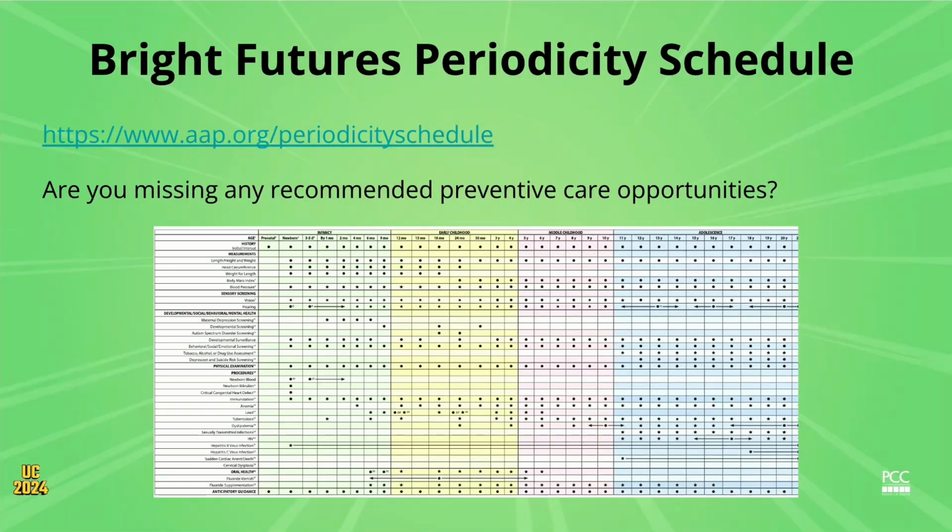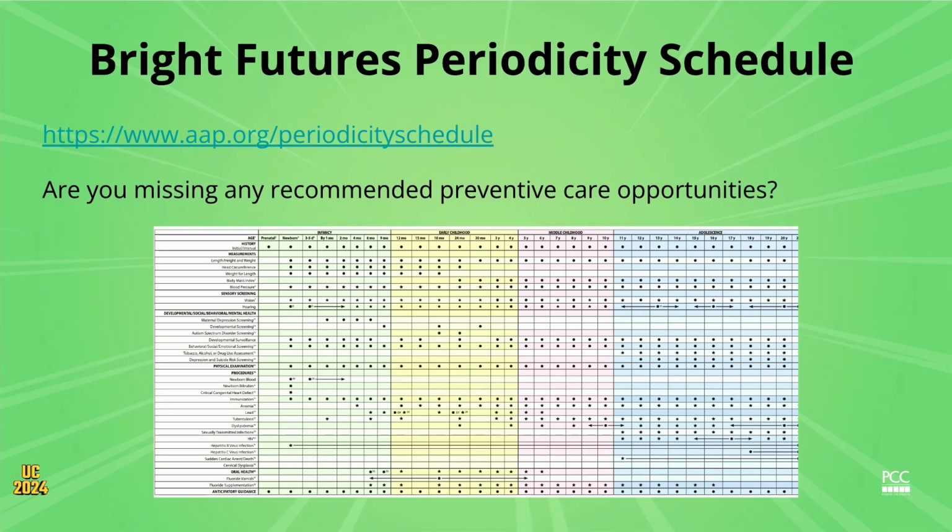So I want to start by mentioning that the Bright Futures Periodicity Schedule, you all probably know what this is, and there's a sort of a roadmap of screenings and services and opportunities, preventative care opportunities out there for you. So if you're ever wondering, okay, what should I measure? What clinical measures should I be paying attention to? This is sort of the roadmap for this.